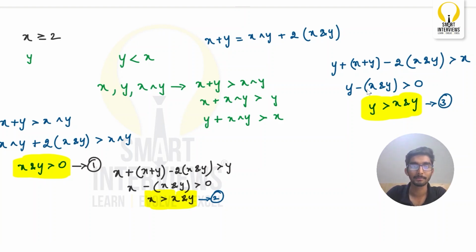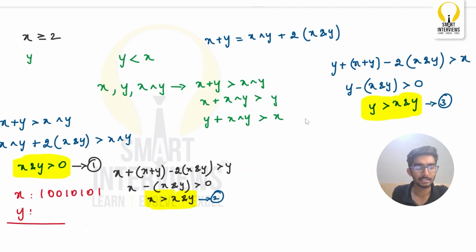What we can say is, here x AND y is greater than 0. That means if x has some bits like this, and let y be any number which is less than it, then all the remaining bits on the MSB side will be 0, right? So at this point we need to have at least one set bit which is also set in x.